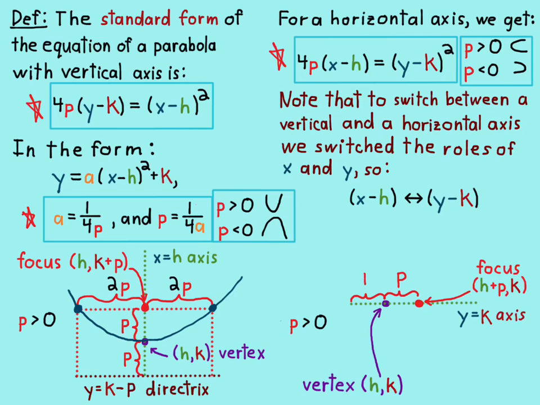And then you go the opposite direction p, and you get the directrix. So that'll be an equation of a vertical line, which means you need the x equals part. Don't just write h minus p. It's not a number, it's an equation of a line. X equals h minus p. Okay, so that's just the x coordinate minus p on the right side there.